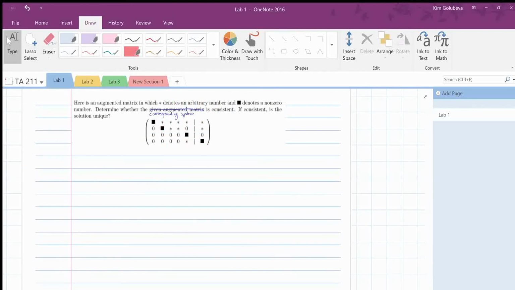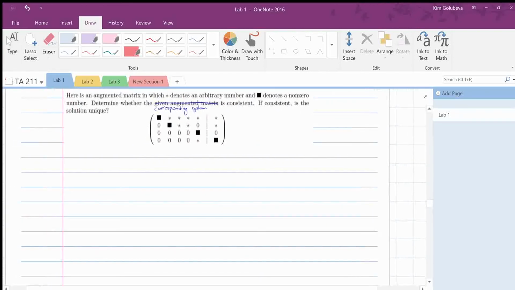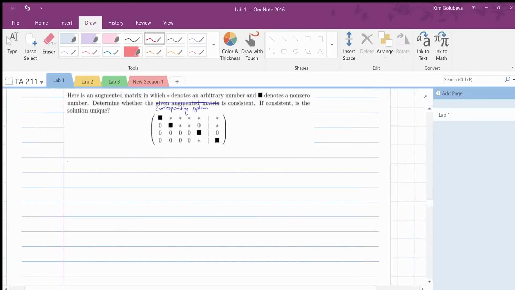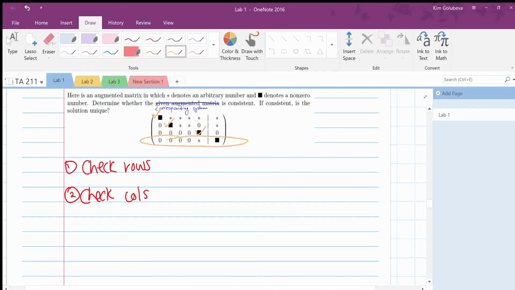Okay, so next one, we're going to do the same process. Number 1, check rows, and 2, check columns. And we're checking for leading ones. So leading 1 here, leading 1 here, leading 1 here, but there is no leading 1 here.